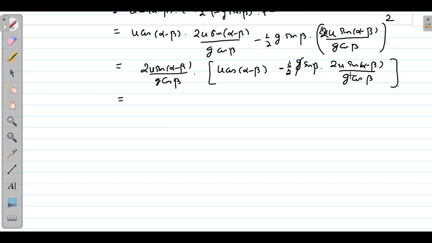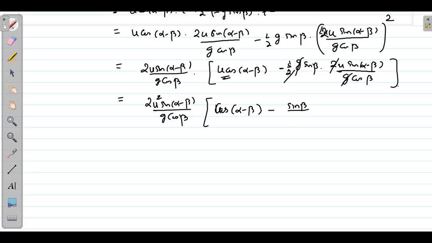G will be cancelled out by g and 2 is cancelled out by 2. That means we are left with 2u sine alpha minus beta by g cos beta. U is again common here, so it is taken out. That means we are left with cos alpha minus beta minus sine beta by cos beta into sine alpha minus beta.